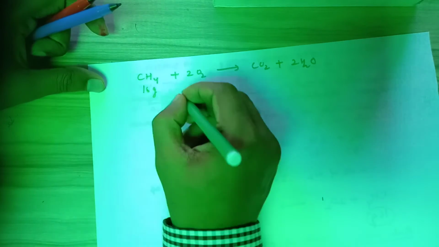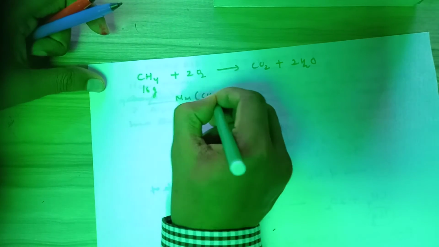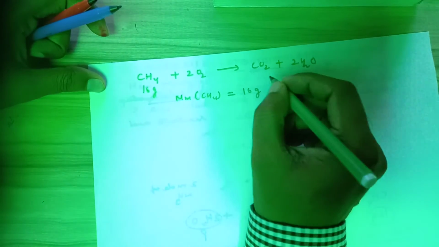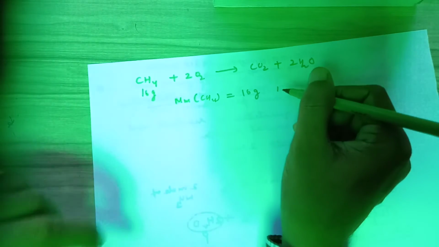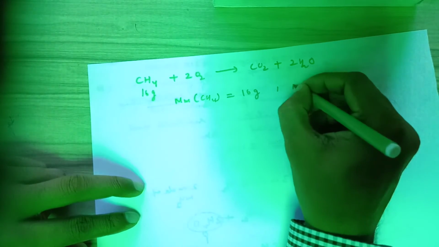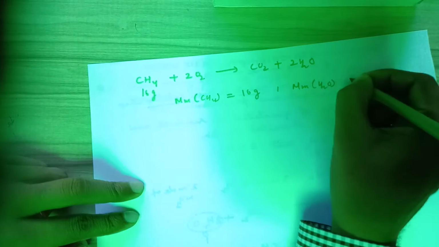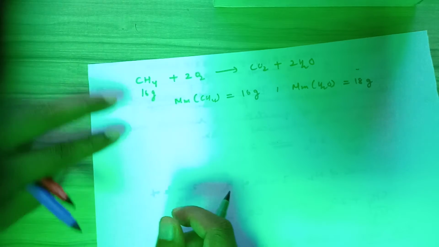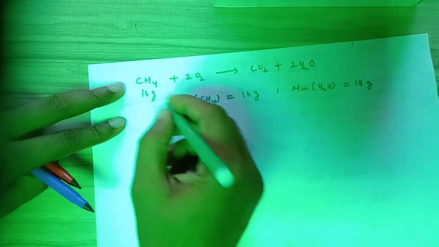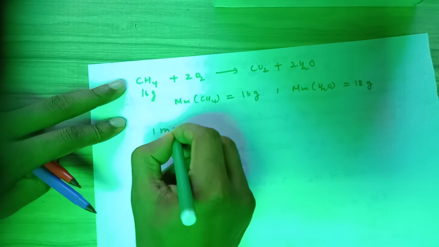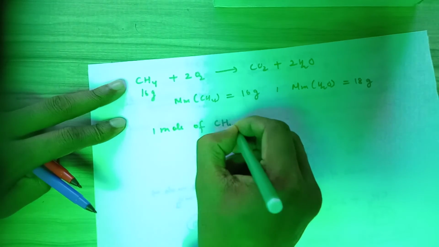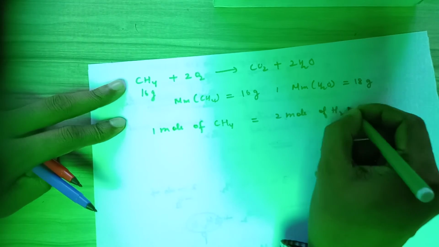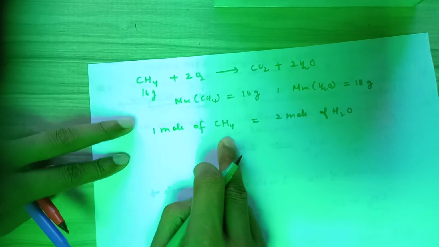Now we are clear that the molar mass of CH4 is 16 gram, and the molar mass of H2O is 18 gram. Now from the general interpretation we know that 1 mole of CH4 gives 2 mole of H2O.